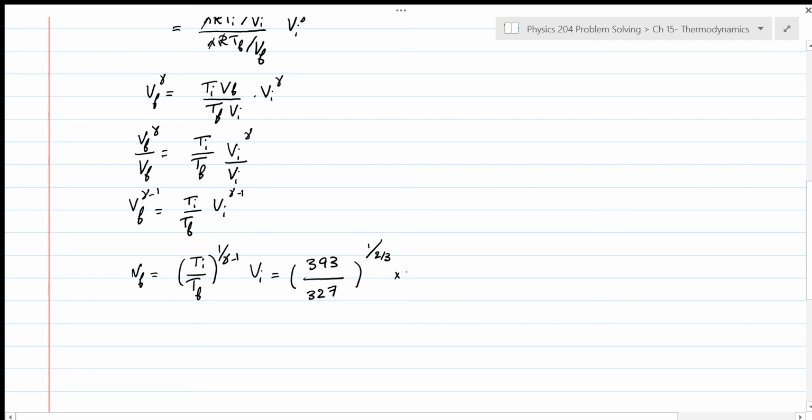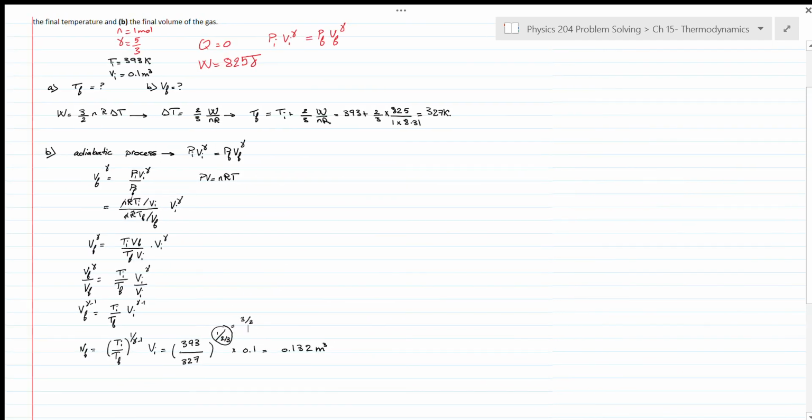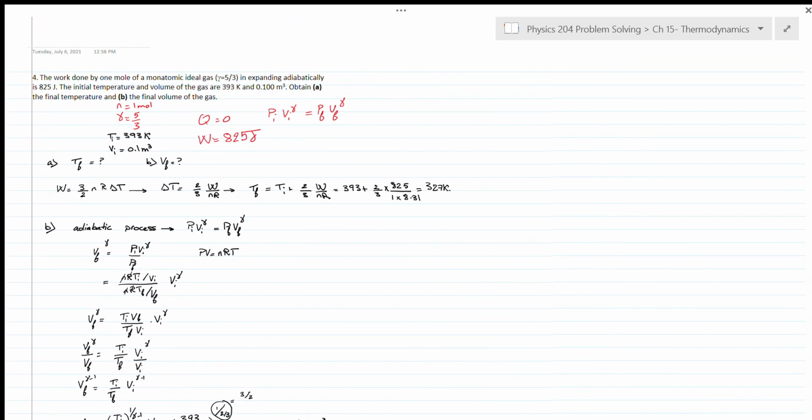And V initial is 0.1 meters cubed. So if we calculate these, we will get 0.132 meters cubed. Of course, this exponent here, you can just write it as 3 over 2. So this was the value of the final volume of our gas.